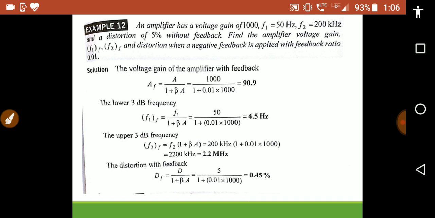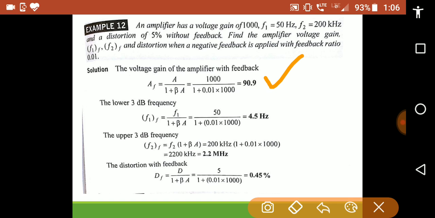Solving, we find AF equal to 90.9. This is the gain with feedback. This is the first parameter.